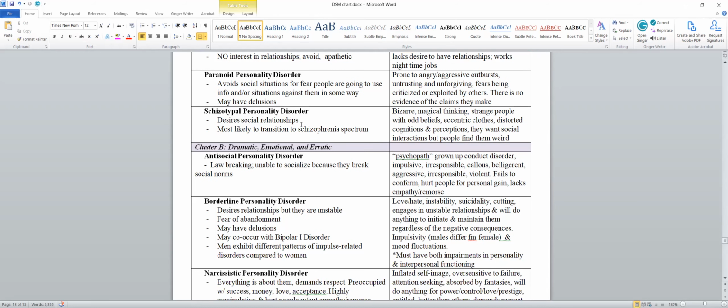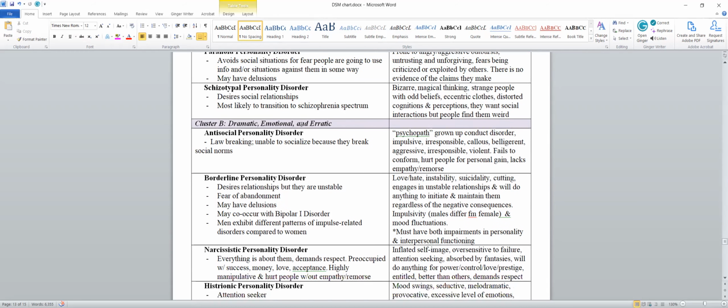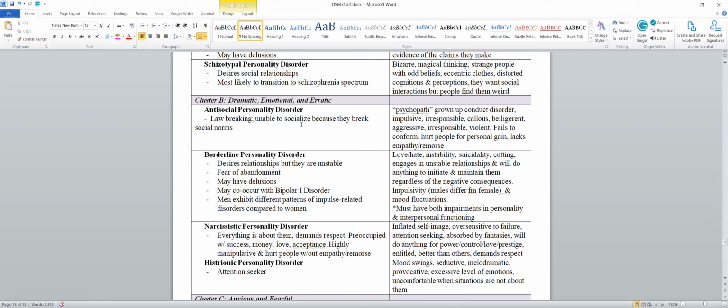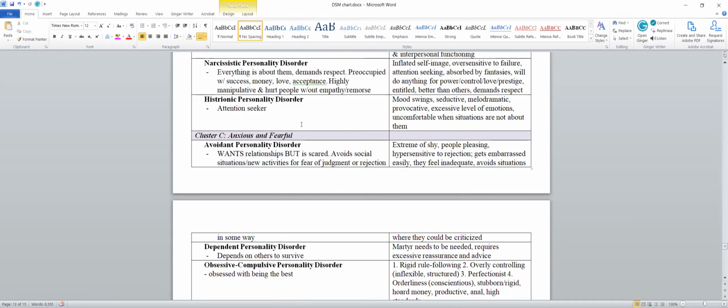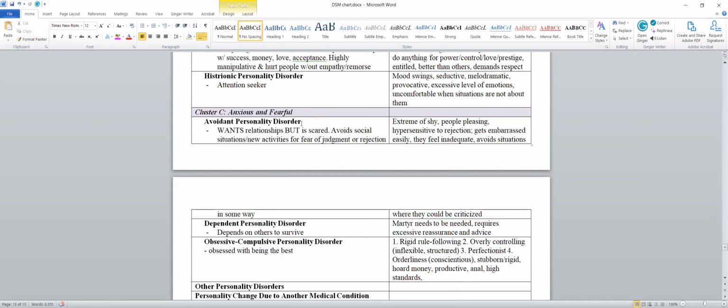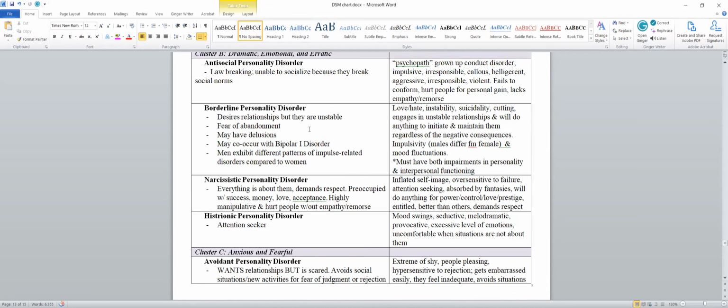Cluster B are the dramatic, emotional, and erratic, include antisocial personality disorder, borderline personality disorder, narcissistic personality disorder, and histrionic personality disorder. Cluster C are the anxious and the fearful, which include avoidant personality disorder, dependent personality disorder, and obsessive compulsive personality disorder.